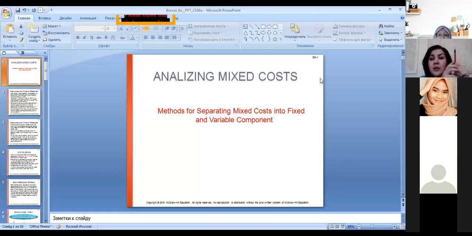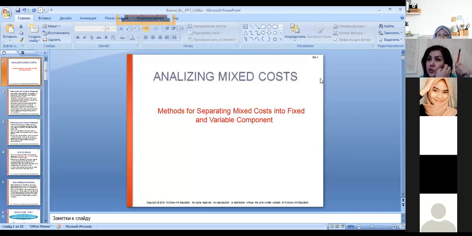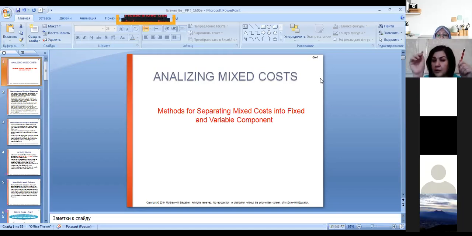Just remind me, which costs usually make up the product cost? Fabrianti, if we write down product cost, which costs should be included in the product cost?